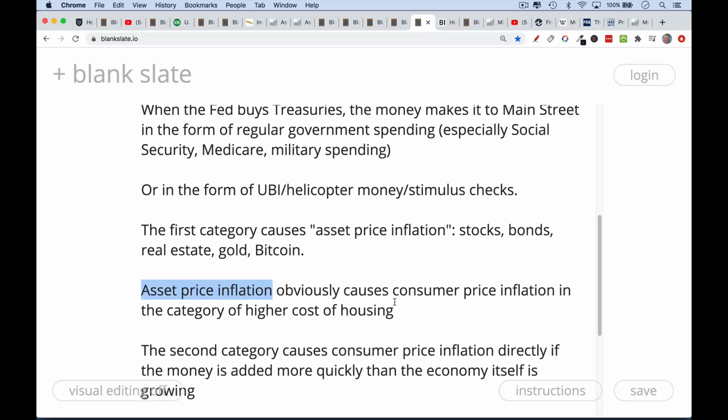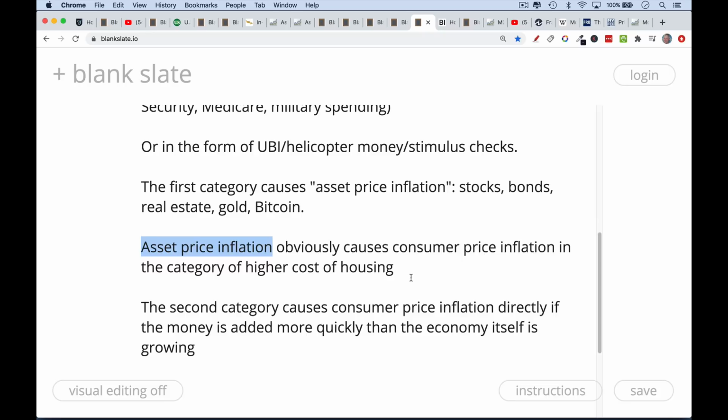And so this is one way that asset price inflation bleeds into CPI inflation, or it should if CPI inflation were measured honestly, which it's not. Yes, the second category, where we get universal basic income, helicopter checks, stimulus checks, can cause consumer price inflation directly simply because it's going straight into the economy.